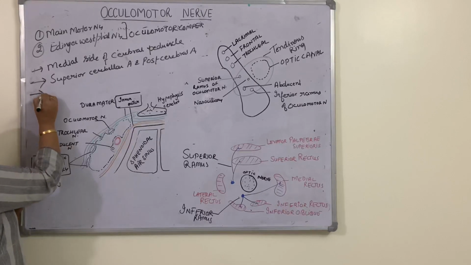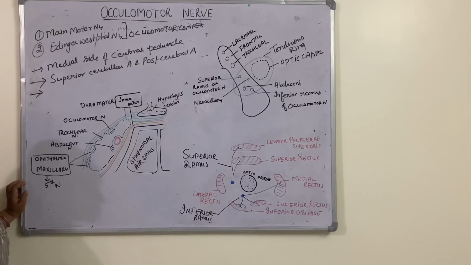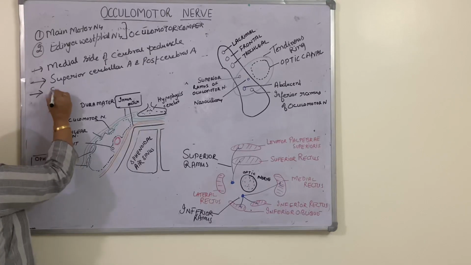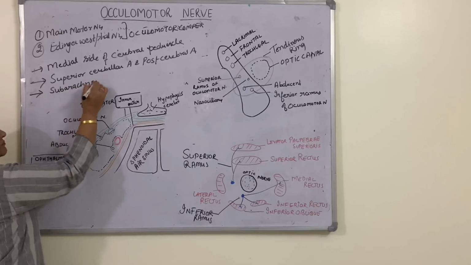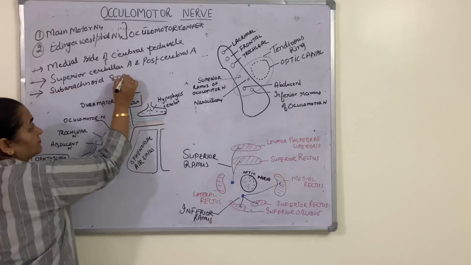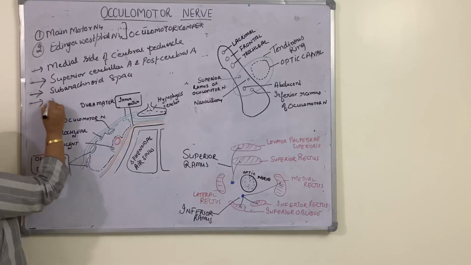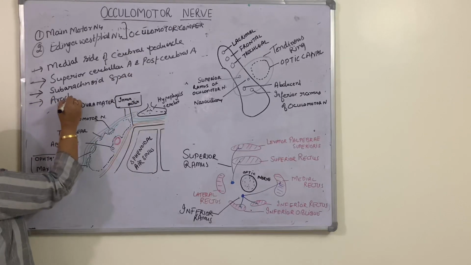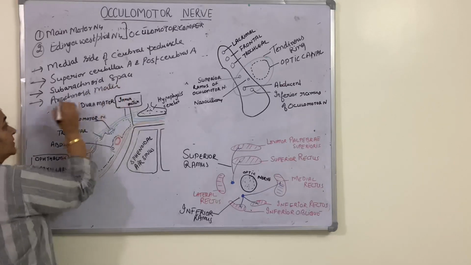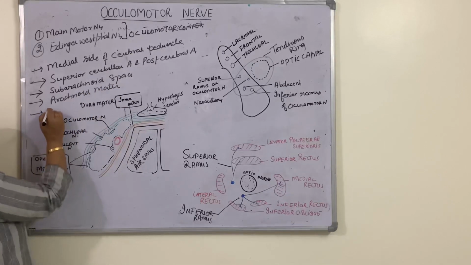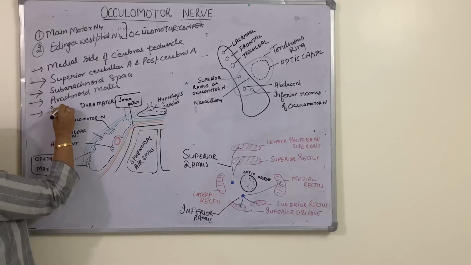After that, this nerve lies in the subarachnoid space. Then it pierces the arachnoid mater. Then it pierces the inner layer of dura mater.